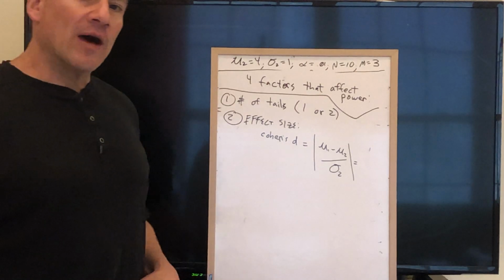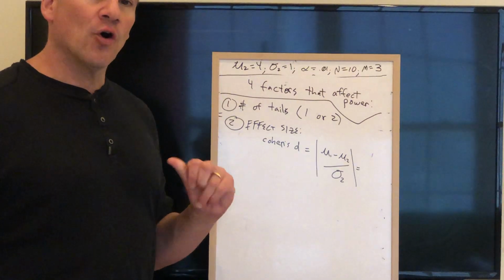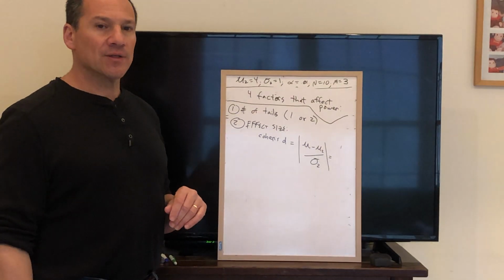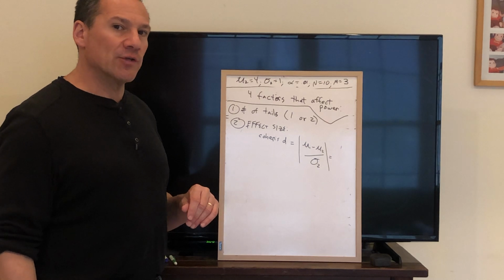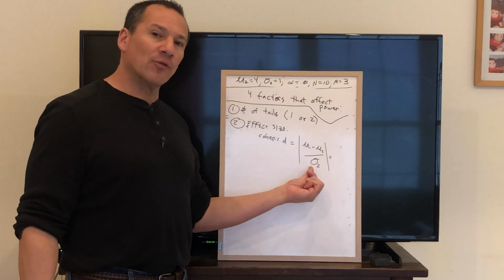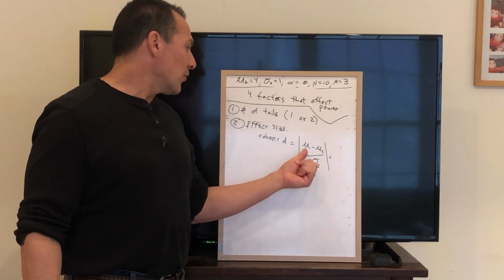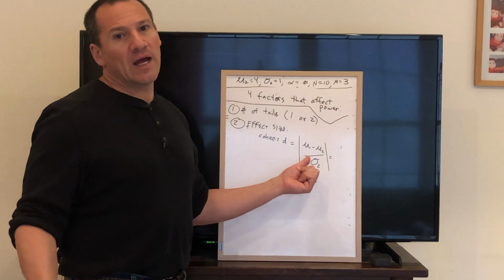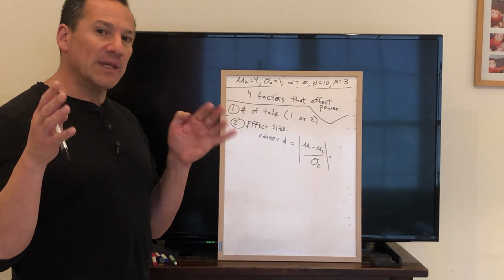Here's an important thing about all measures of effect size. Measures of effect size are always separate from sample size. Effect size doesn't care about how big your sample is, whether it's big or small. And because of that, we use population level parameters in coming up with our measure of effect size. So here, instead of mu sub m sub 1, we have mu sub 1. They're mathematically equal, but they mean something different.